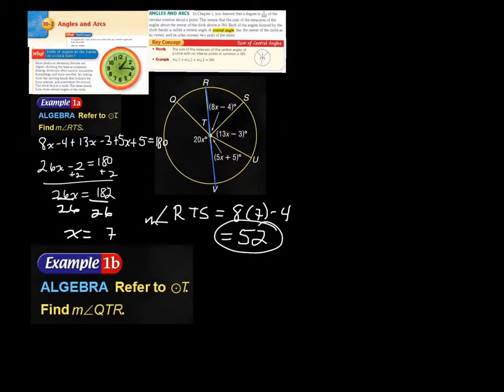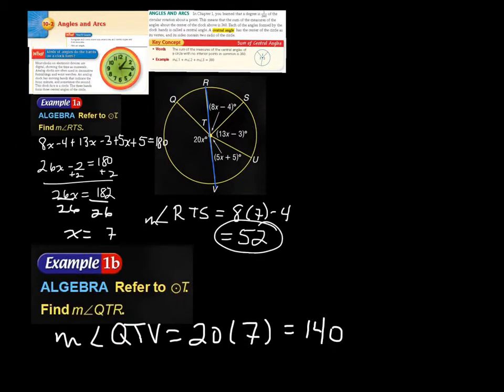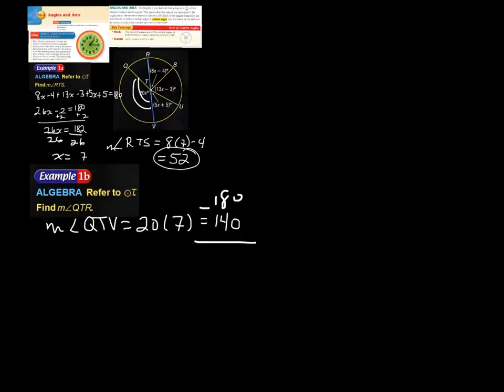So x is 7, so QTV is going to be 20 times 7, which is 140. And then we can see that that's going to be supplementary to the angle that we want. So all we have to do is take 180 minus the 140 that we have, and we get 40 degrees for the measure of angle QTR.